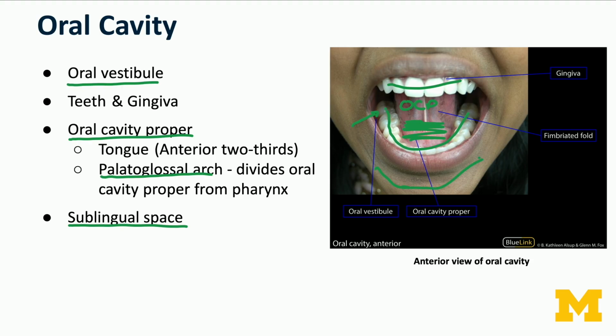And that sublingual space is where we can contain the sublingual salivary glands. We can have the duct for the submandibular glands. We could have all of the neurovasculature that supports the tongue moving through there. And so it's a really interesting space that's a little more germane to the digestive system.